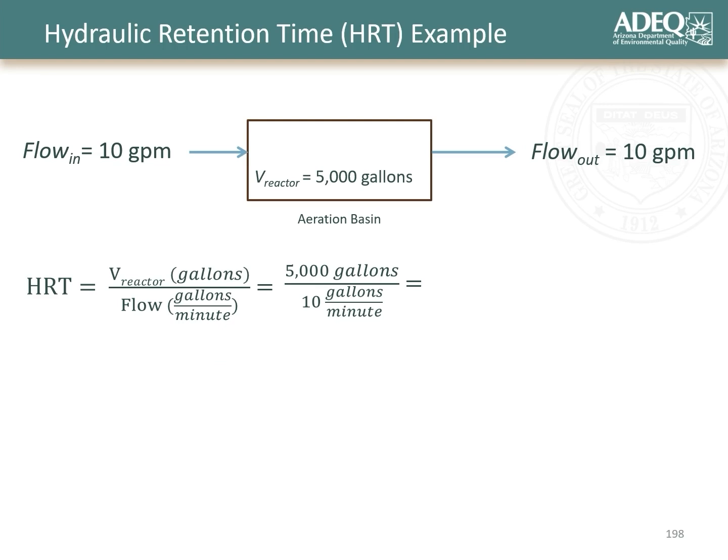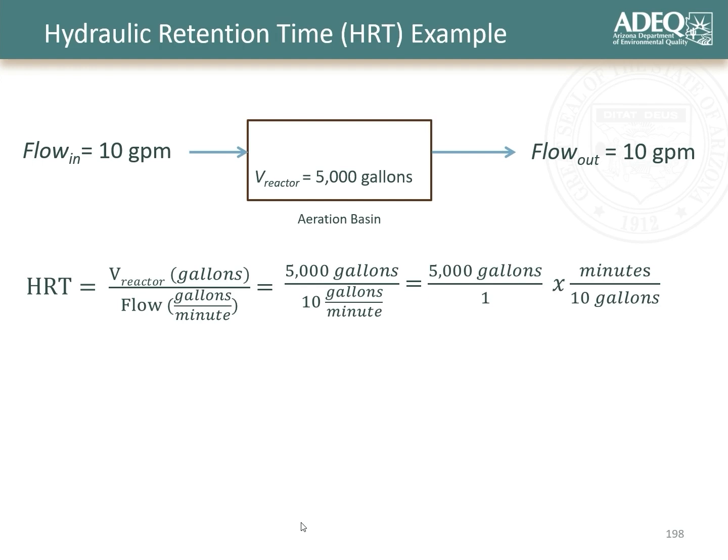Okay, let's take our equation for hydraulic residence time, which is equal to the volume of the reactor divided by the flow. In this case, our volume of reactor is 5,000 gallons. Our flow is 10 gallons per minute. Now, as I mentioned before, focusing on units is a good way to make certain that you are solving for the right thing. From a math perspective, this is equivalent to 5,000 times 1 minute per 10 gallons.